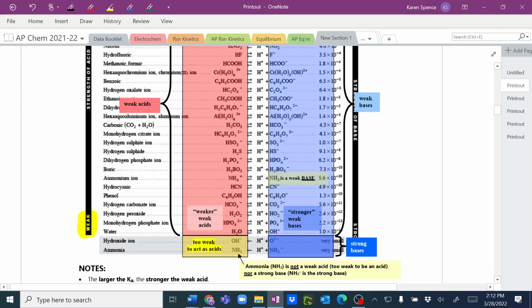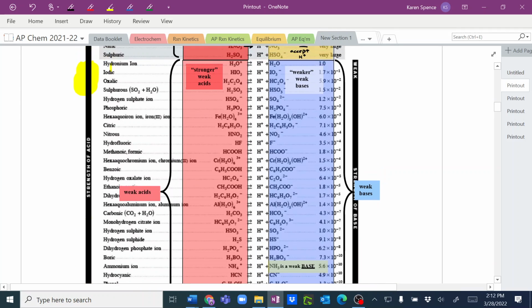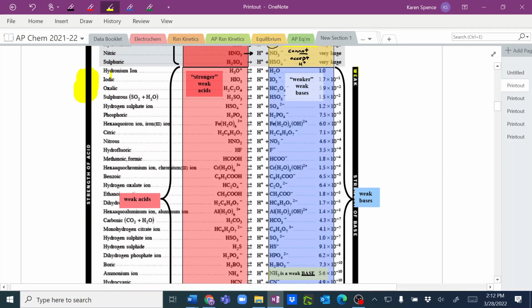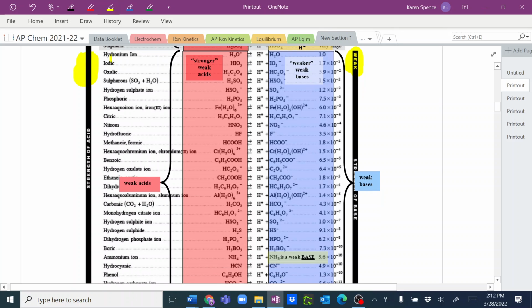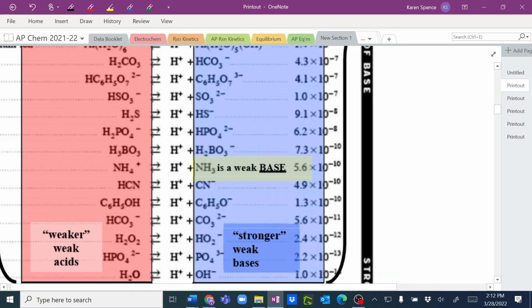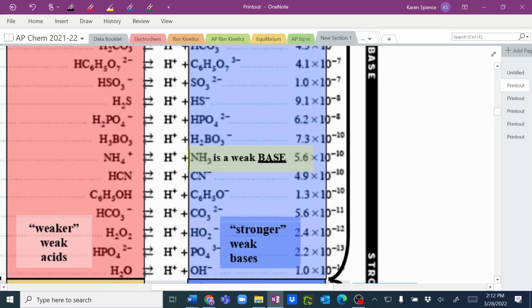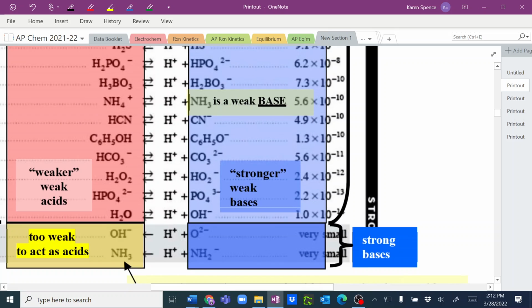So we have along here, you can see strength, our weak bases are up here, the weaker weak bases. And then we work our way down to the stronger weak bases. What is our strongest weak base? OH minus, yes? Okay, OH minus is our strongest weak base.